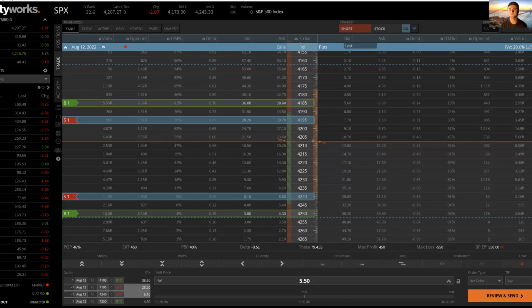Now, odds wise, probably not going to happen, but the market, especially right now, has been super volatile. We're having like 1.5%, 2% point moves every day. So it's entirely possible the market's going to whipsaw up and down and come out of the zone and come back into it. So this is a really great way that you can also close your spread, but keep effectively a lotto ticket, if you will.